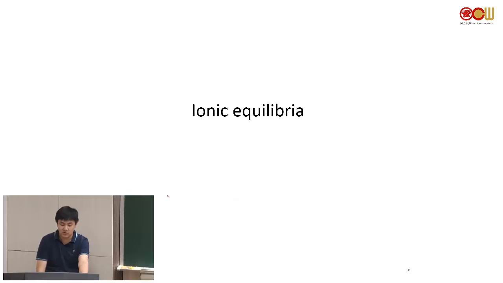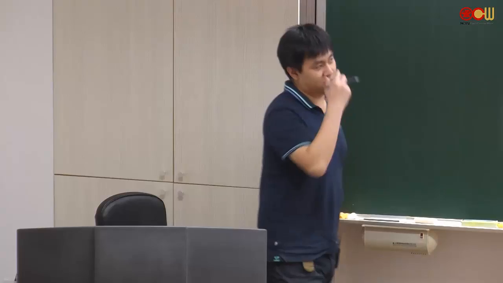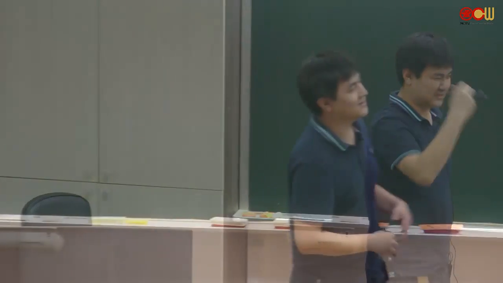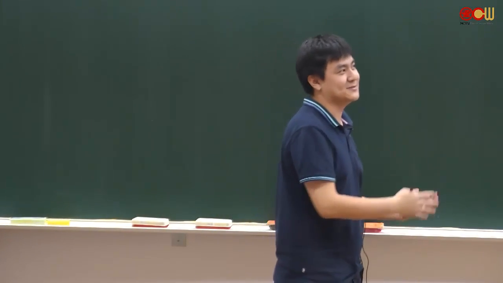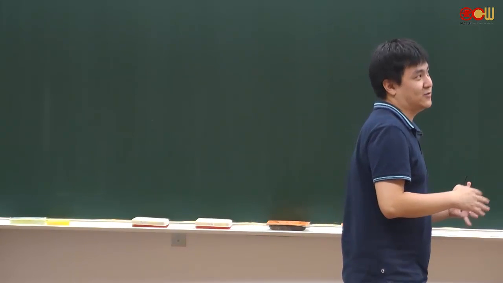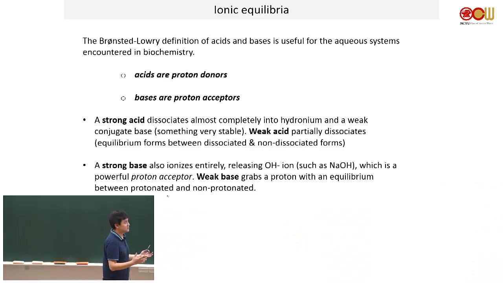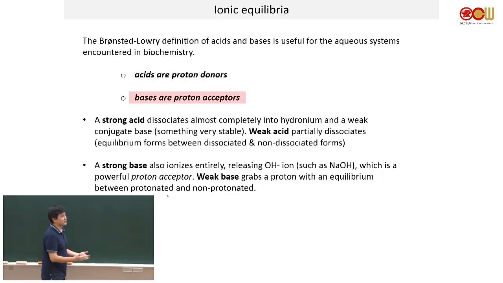All right. So today, really, I want to talk about ionic equilibria. To some of you, this might be boring. In biochemistry, we have a simplified version of acids and bases. For most of our purposes, we will be satisfied with the Bronsted-Lowry definition: acids are proton donors, bases are proton acceptors.